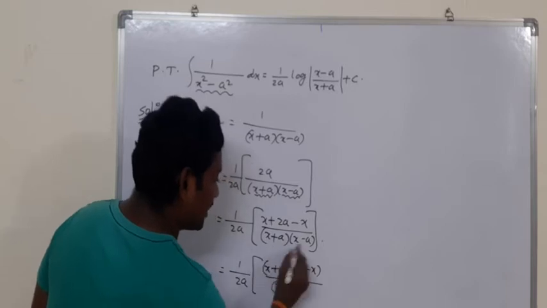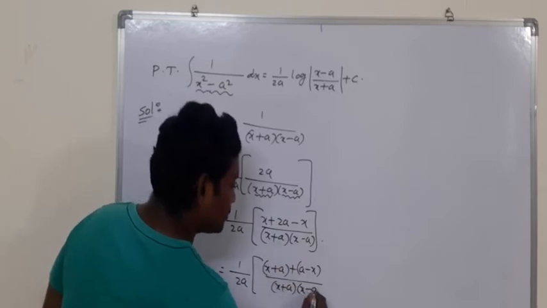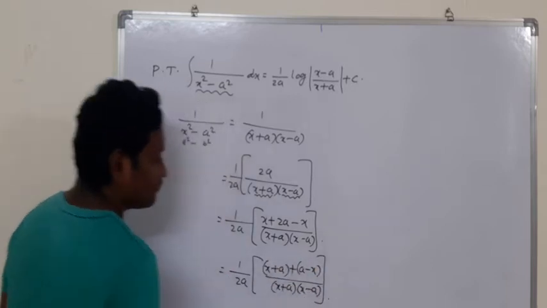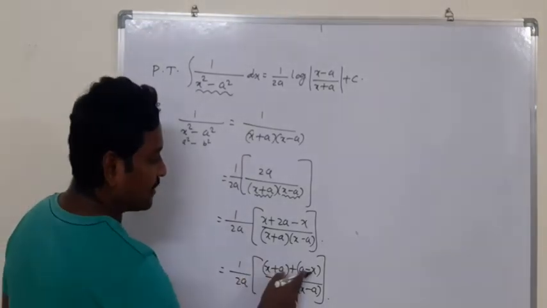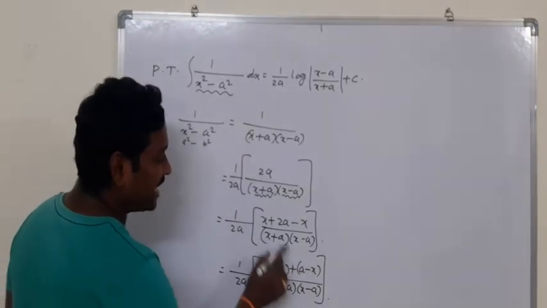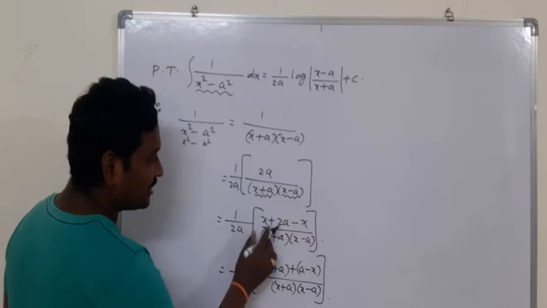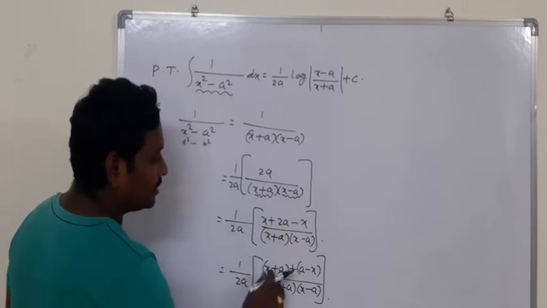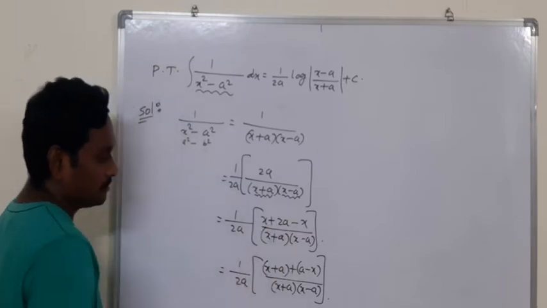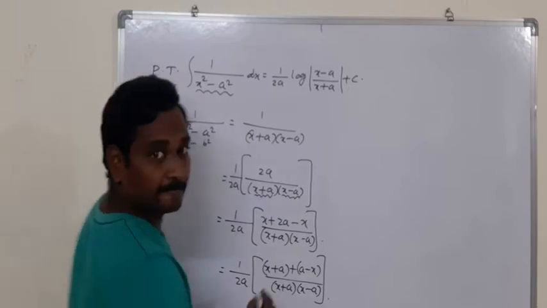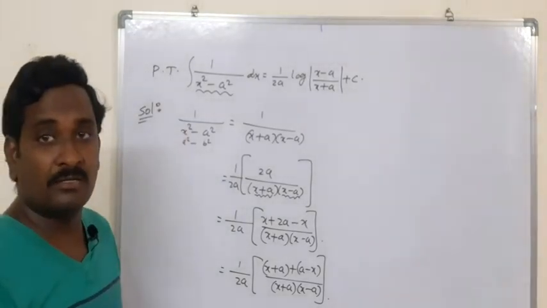In the denominator we have the similar terms, x plus a into x minus a. We observe that x minus x gets cancelled, and a plus a is nothing but 2a. 2a can be written as a plus a here, and 2a gets cancelled. Now we separate the terms.